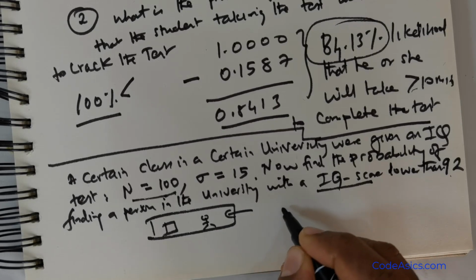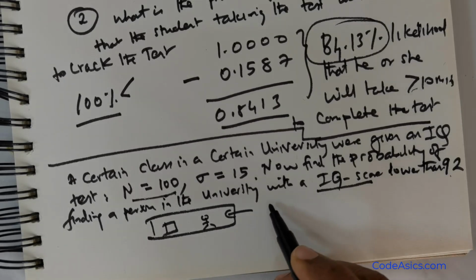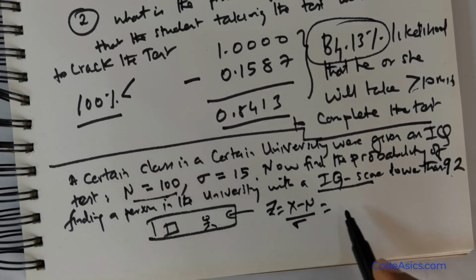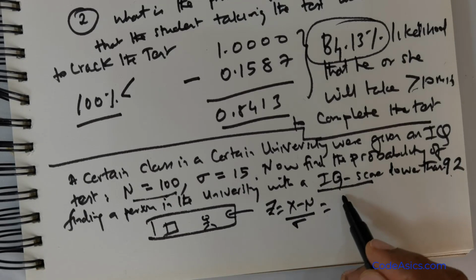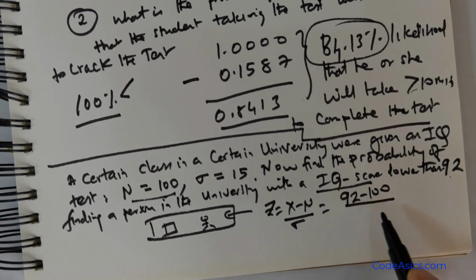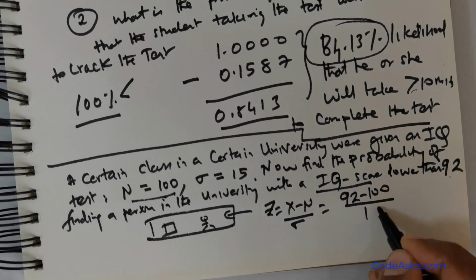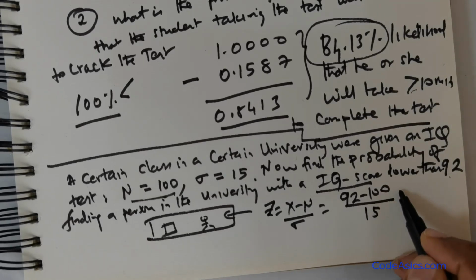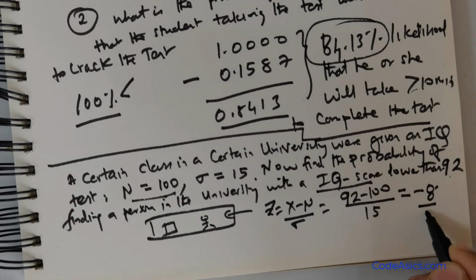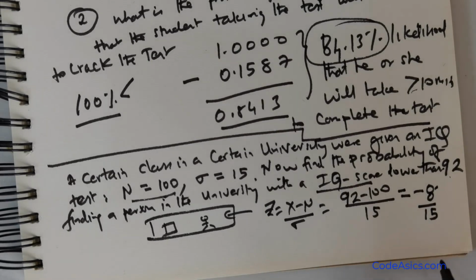Now for that we need to actually get our z. Z is equal to x minus mu divided by sigma. So my observation is 92 and my mean is 100, and I divide by 15.